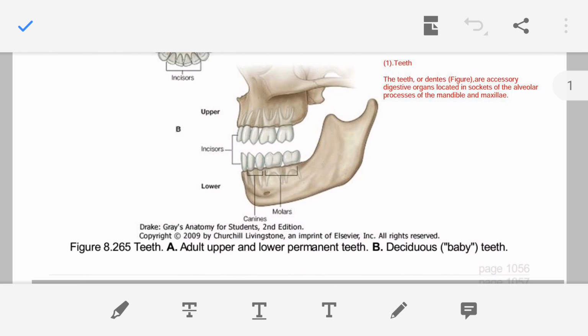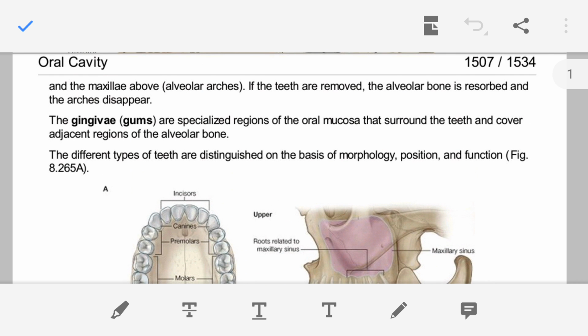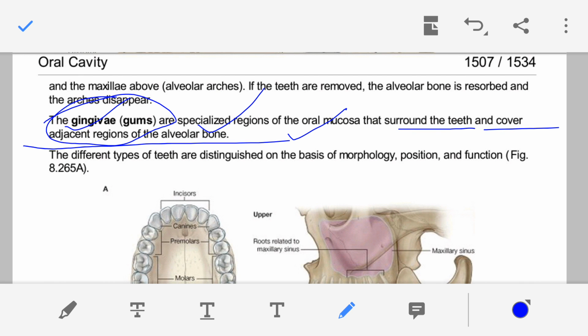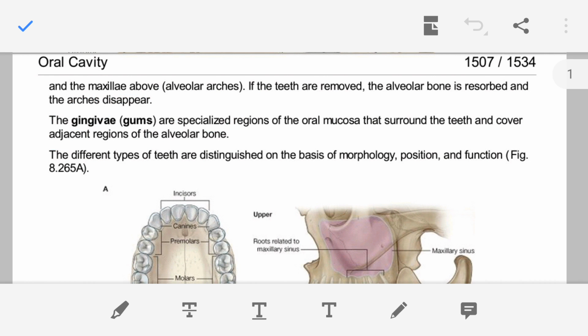As you can see over here, it is written: the gingivae or the gums are the specialized regions of the oral mucosa, and they surround the teeth and cover the adjacent regions of the alveolar bone.